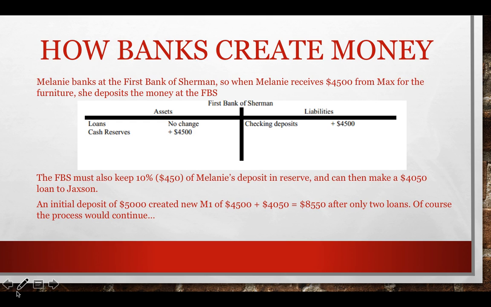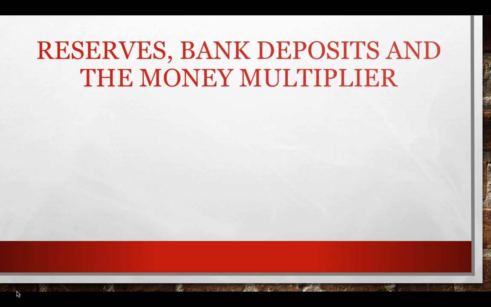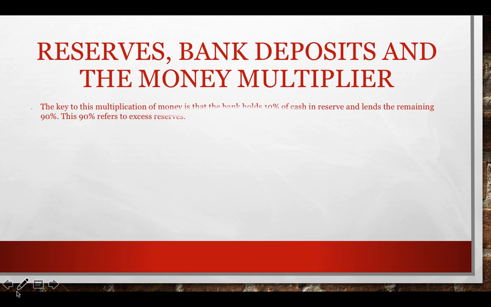Now, rather than going through the process step by step, we have something called the money multiplier. Okay, so let's look at how the money multiplier works. The key to this multiplication of money is that the banks have to hold 10% in reserves and that they lend the remaining 90% out.